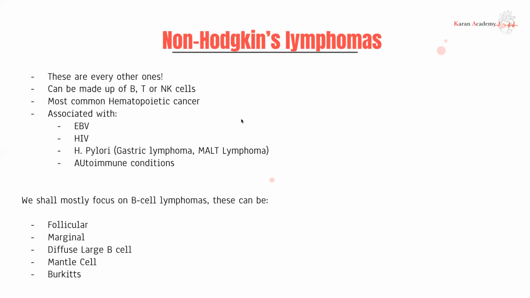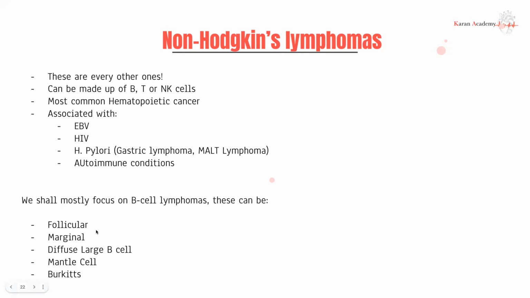Now, non-Hodgkin's lymphomas are all the other ones, and we've talked a bit about a lot. We've actually talked about most of them already. They're associated with EBV, HIV, and you can also have gastric lymphomas and MALTomas because of H. pylori infections. So these can be follicular, marginal, diffuse large B cell, mantle cell, and Burkitt's. Just to reiterate, I'll quickly go over where each one of these lymphomas arises from.